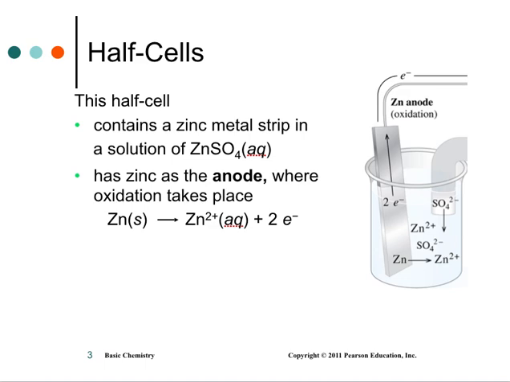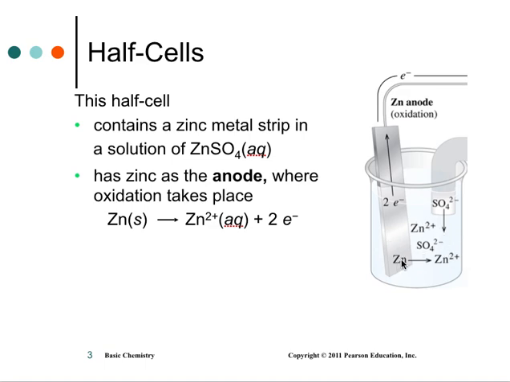So in this example, this is going to be the anode, and the anode is the negative terminal of the battery, and the anode is where oxidation takes place. Remember, that's what's getting eaten away. The metal is losing its electrons to the solution. So this side is going out.